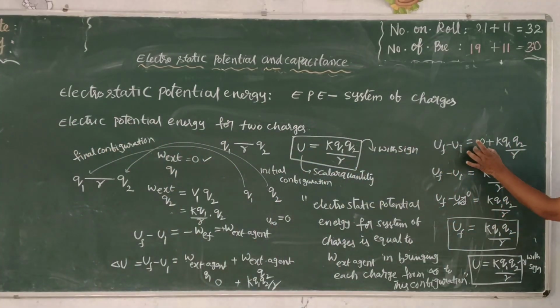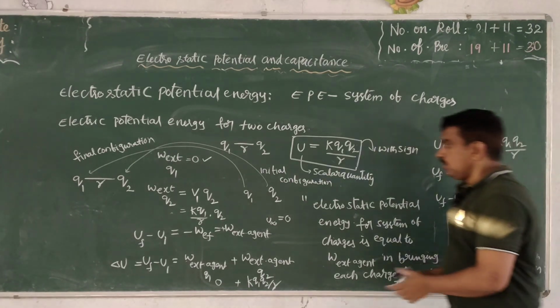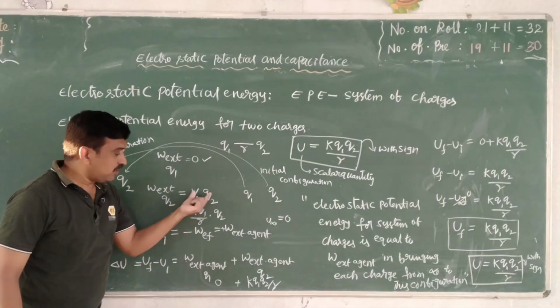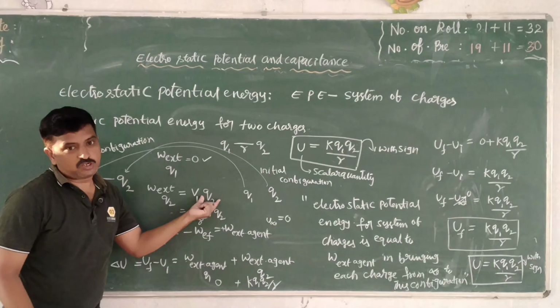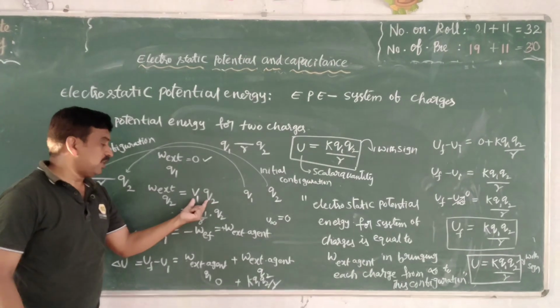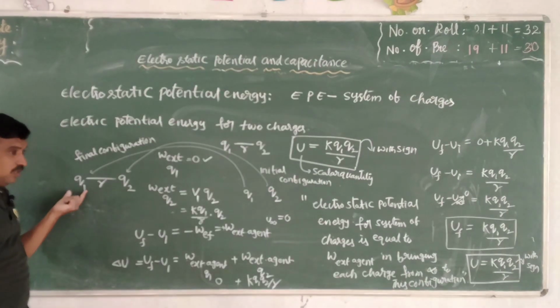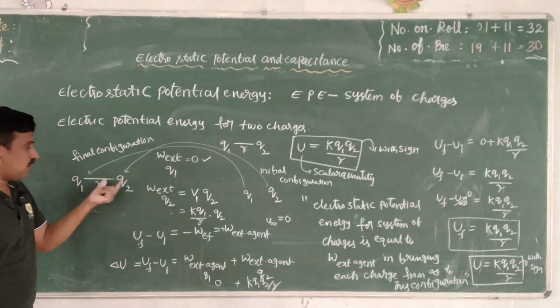For the first charge bringing, work done is 0; for the second charge it is k q1 q2 by r. How will we get it, na? Work done by the external agent equals electric potential times charge. Which charge is being brought, that we write. What is the electric potential? We write it due to the first charge. The first one is already placed, and later we are placing q2.